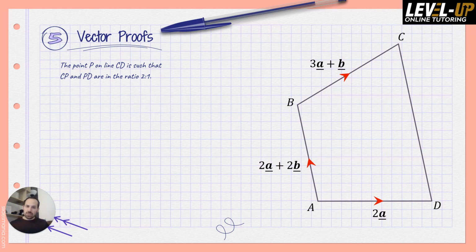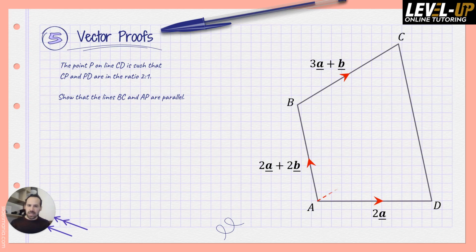That may or may not be useful to this question, but I want you to get thinking in those terms, try and determine where your A and B vectors are going. So point P is on the line CD, such that C to P and P to D are in the ratio 2 to 1, so the usual stuff there. Show that the lines BC and AP are parallel.